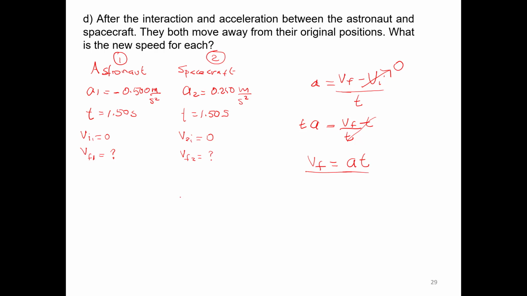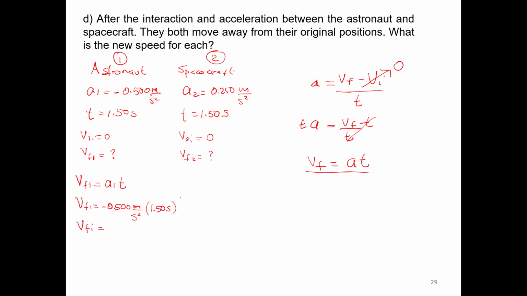Let's apply this equation to calculate the final velocity. In this case, acceleration 1 multiplied by the time: negative 0.500 meters per second squared multiplied by 1.50 seconds.